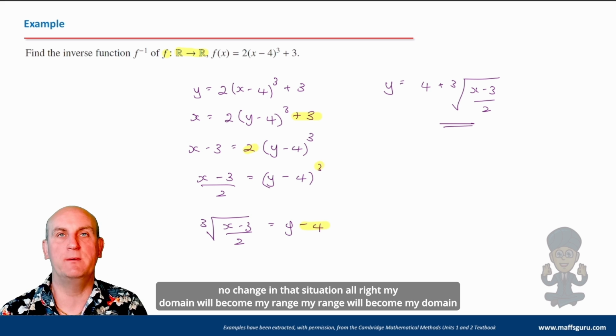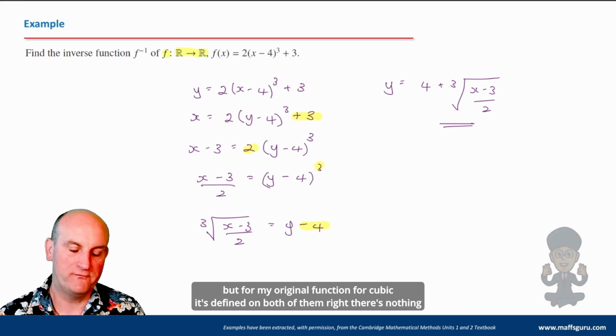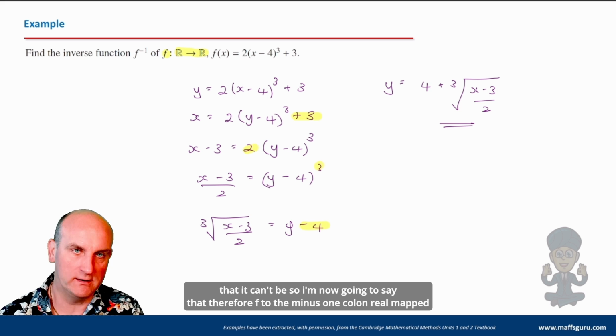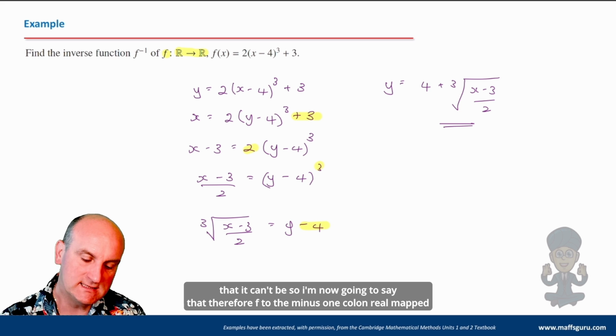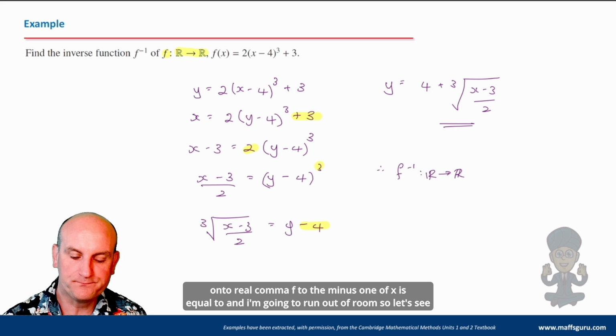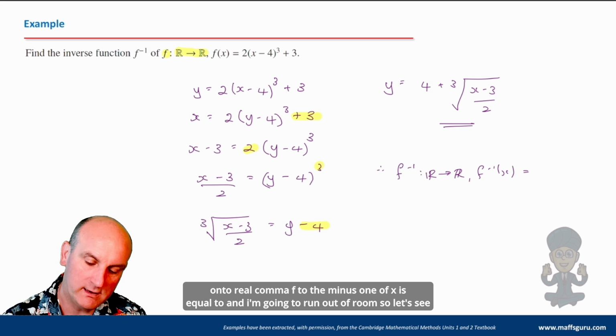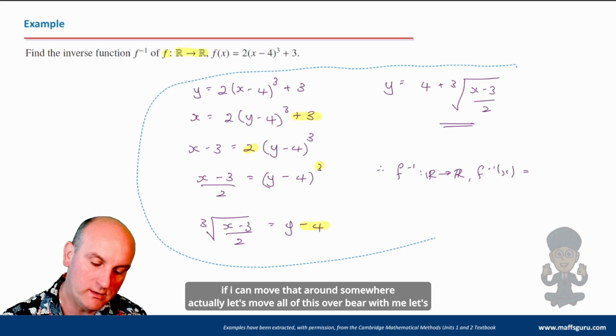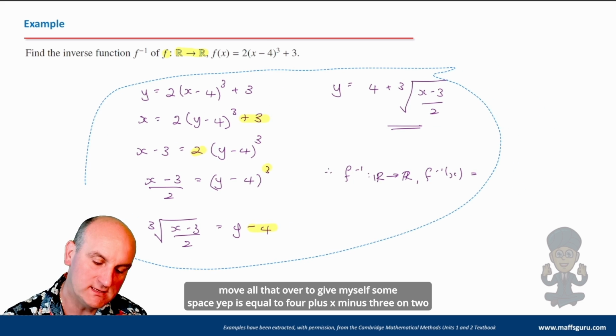My domain will become my range, and my range will become my domain. But for my original function, a cubic, it's defined on both of them. There's nothing that it can't be. So I'm now going to say that therefore, f to the minus 1 colon real mapped onto real, comma, f to the minus 1 of x is equal to, and I'm going to run out of room, so let's move all of this over to give myself some space.